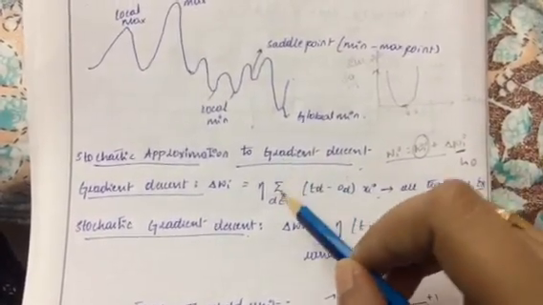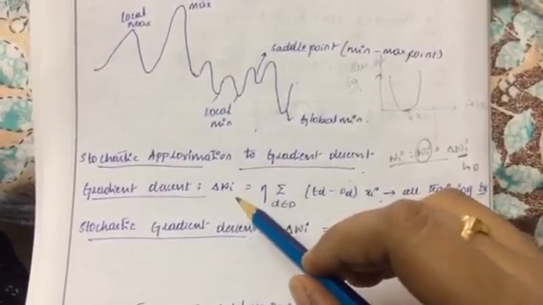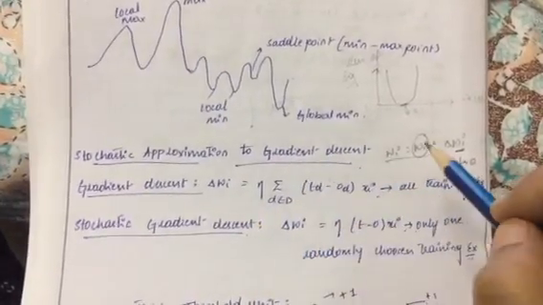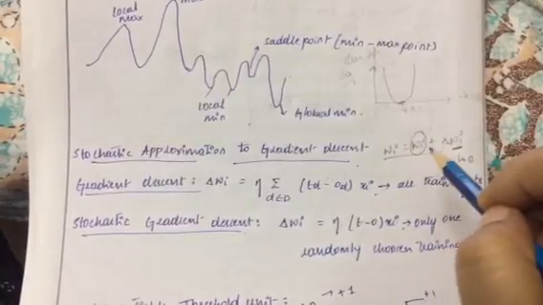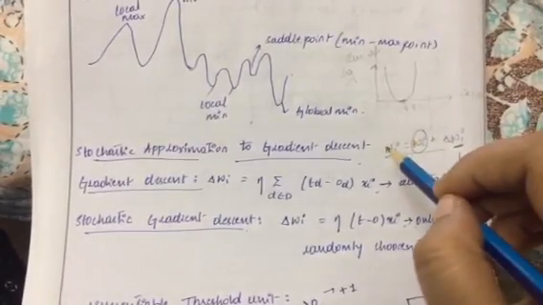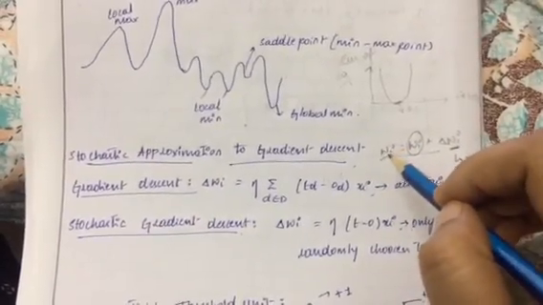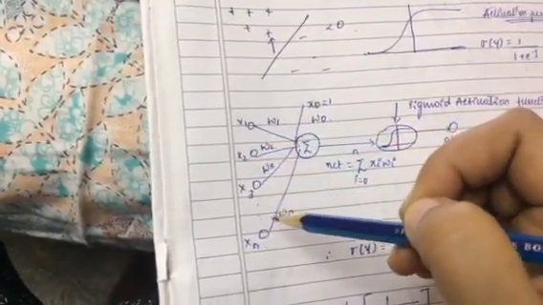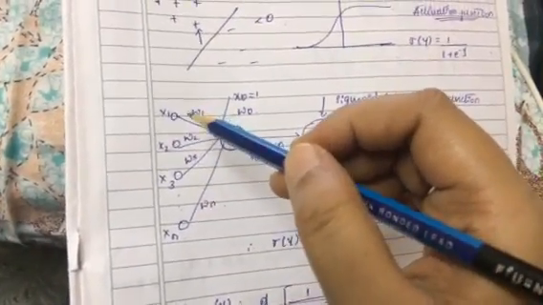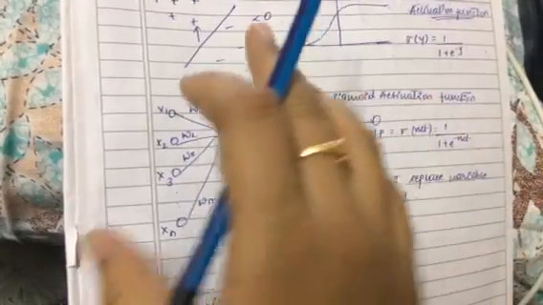In gradient descent, when you calculate the weight delta Wi, that delta Wi is added to the old value of Wi, and we get the new updated value of Wi, and this updated value of Wi is assigned to all the inputs.